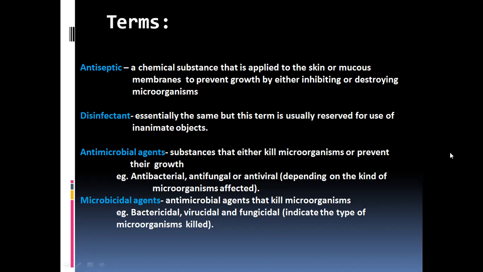These are bactericidal, virucidal, fungicidal, indicating the type of microorganism they kill. So here is the difference between the antimicrobial agents and microbicidal agents. Antimicrobial agents will either prevent, inhibit, or destroy the microorganism, while the microbicidal definitely kills. There is no inhibition or prevention.